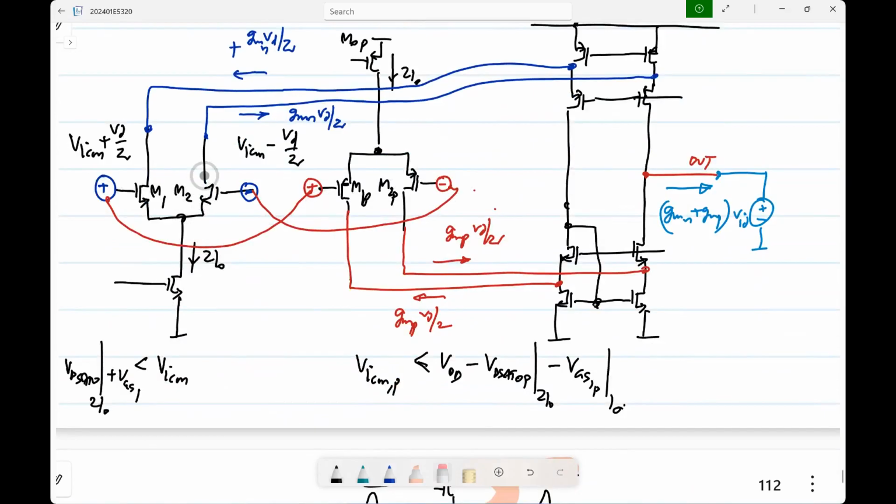Now in the intermediate values, there will be some weighted contribution from these two, right? And as you go to very high input common mode voltage, there will be contribution only from that. So it changes from being only from N to only from P to only from N. Anything else?